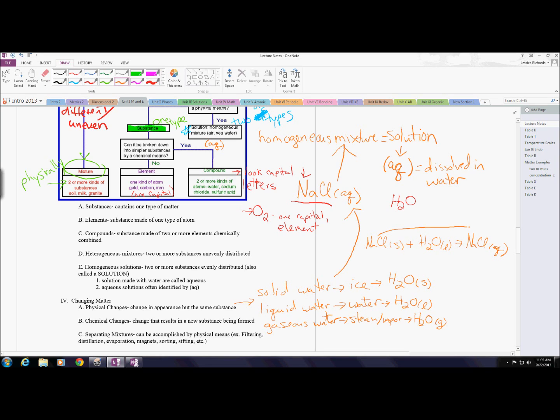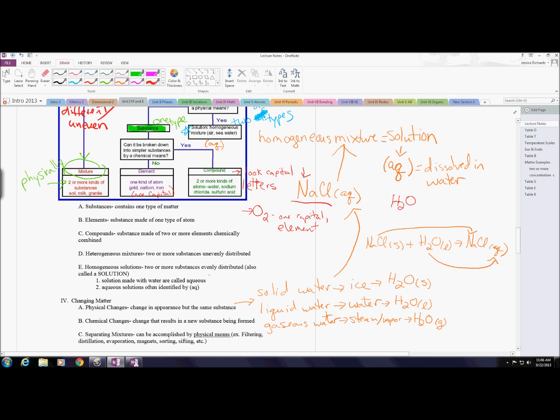So the sodium chloride is still here, and the water is right here, because when you see aqueous, you're going to think dissolved in water. So it's the same stuff. It hasn't changed at all. It has the same formula. It's just dissolved now. So solubility, physical change. Okay, those are the big ones. Ripping, shredding, tearing, grinding stuff up, those are all physical changes.